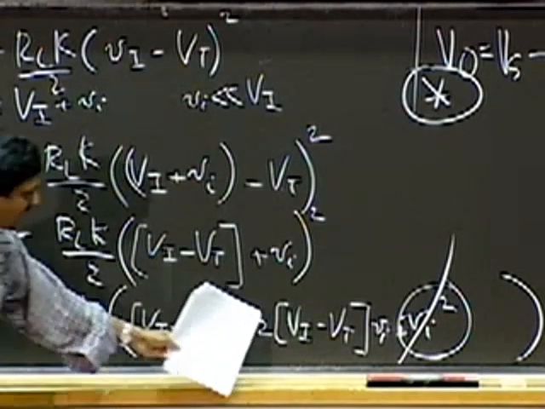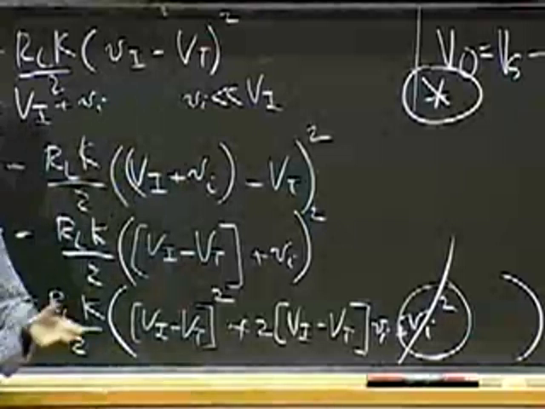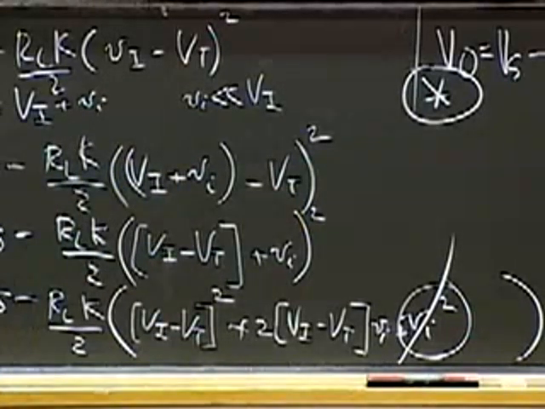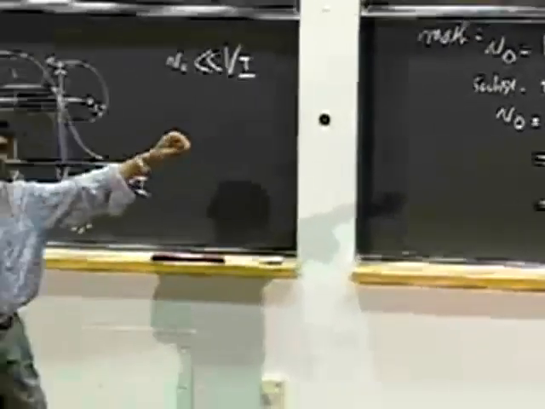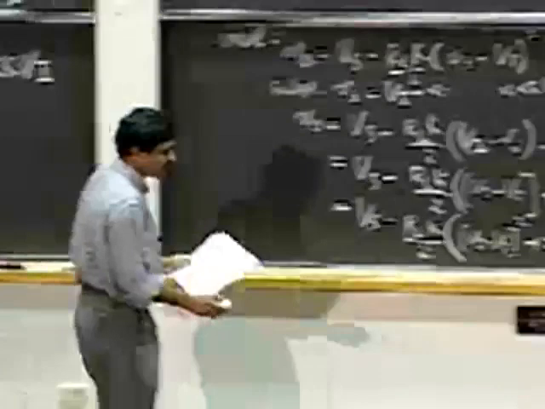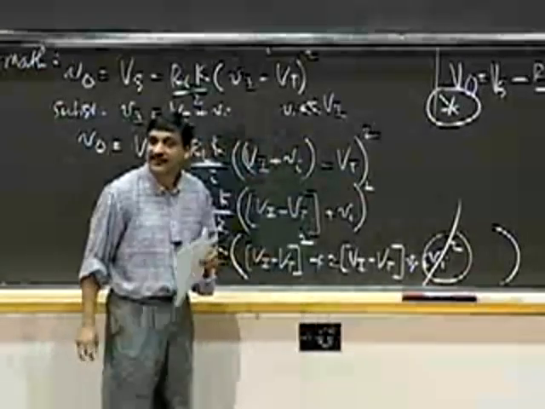I'm going to ignore Vi squared. For example, if capital Vi was 5 volts, and small Vi was 100 millivolts, 0.1, then 0.1 squared is 0.01, so it's comparing 0.01 to 5. So I'm off by a factor of 500. Now I begin playing some fun and games here.